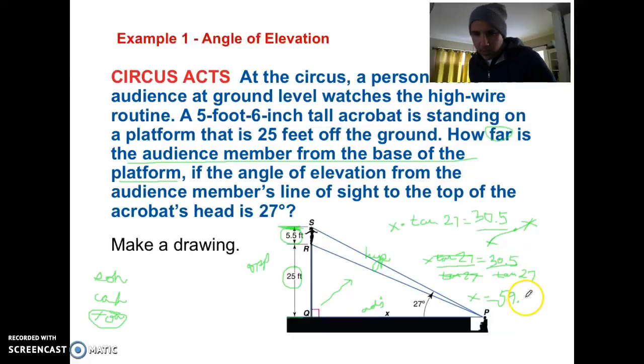Let me just round that to 60. And the unit of measure is going to be feet. So the audience member is about 60 feet from the base of the platform.